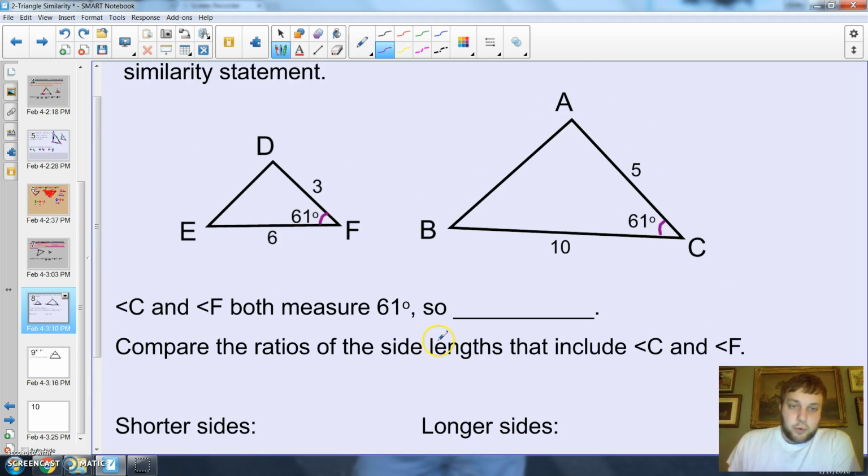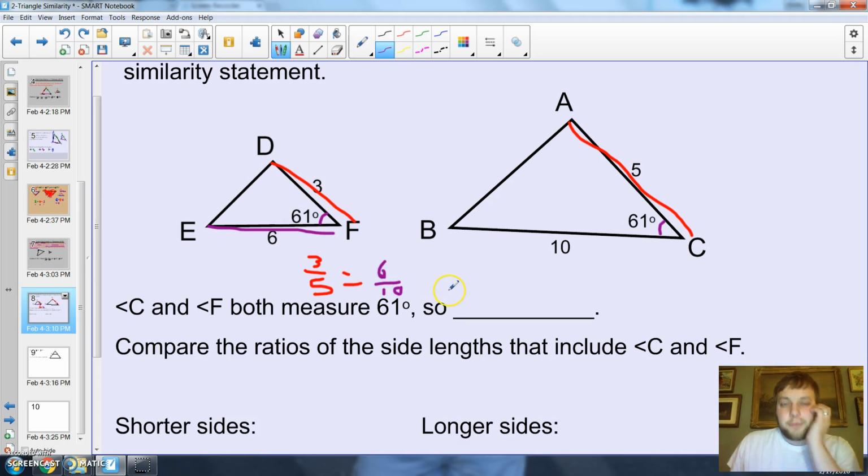So here's what I'm going to do. Let's take 3/5, because that's attached to that angle. Is 3/5 the same thing as 6/10?